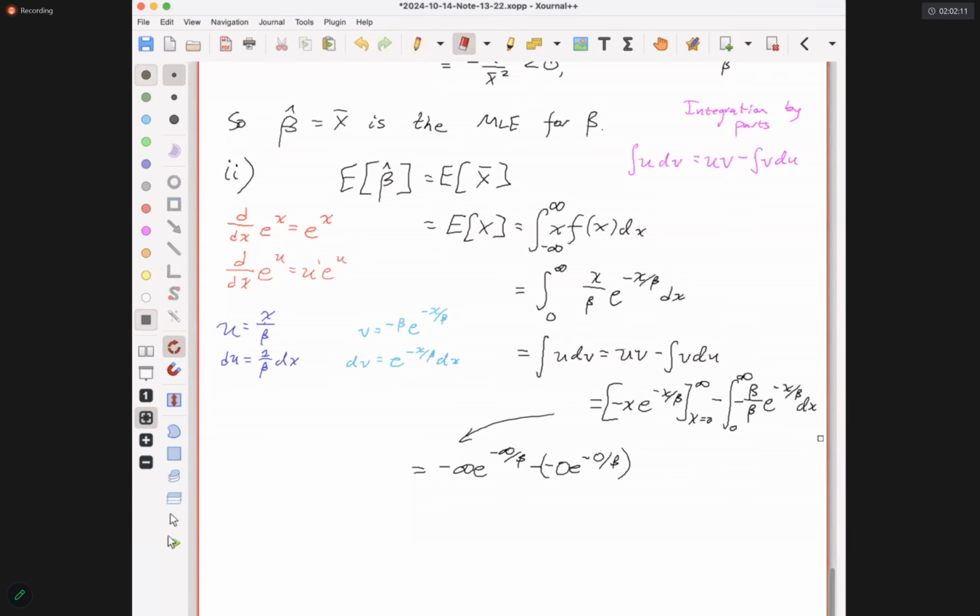And I'll simplify this now, this is just plus negative beta e to the negative x over beta, evaluated from x equals 0 to infinity.